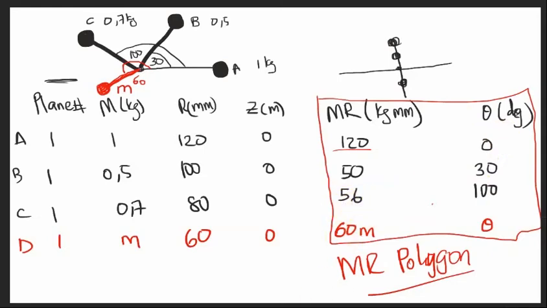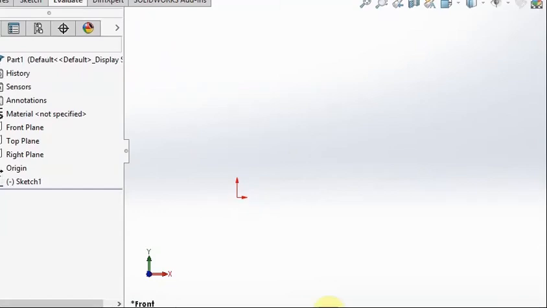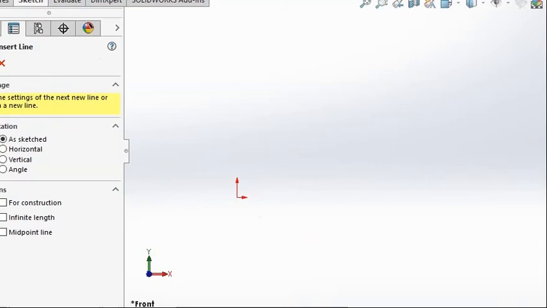Since I'm drawing on a computer, I'm going to use another program for the sketches, an engineering program called SolidWorks.